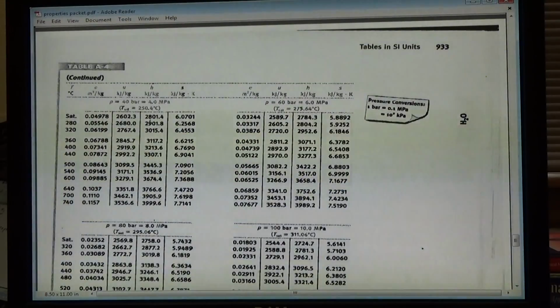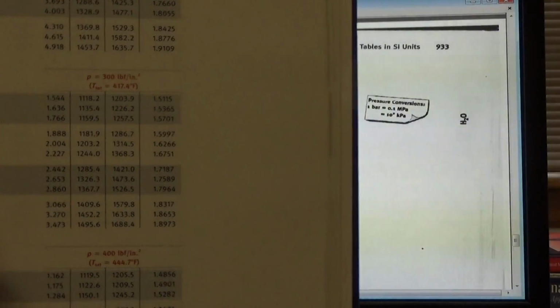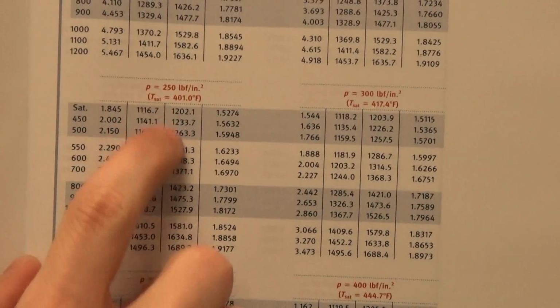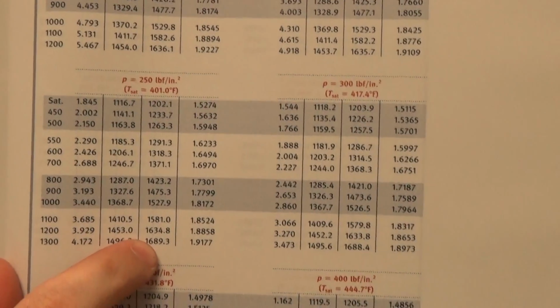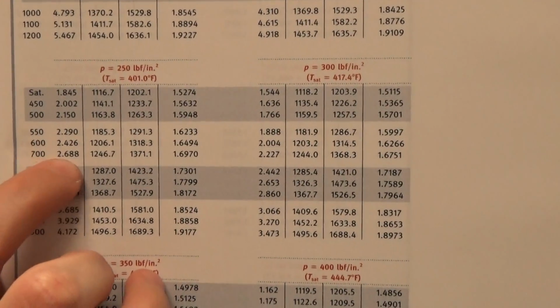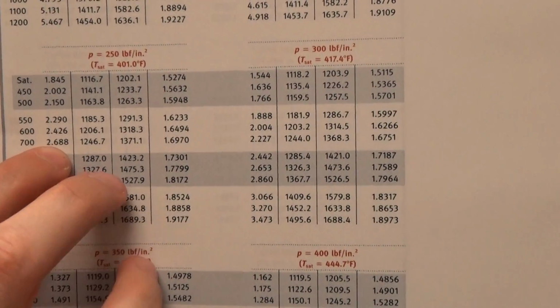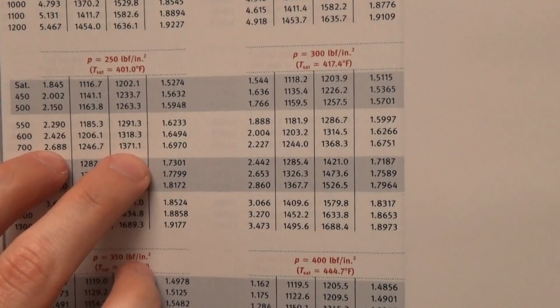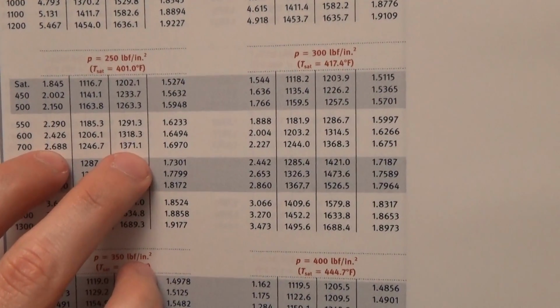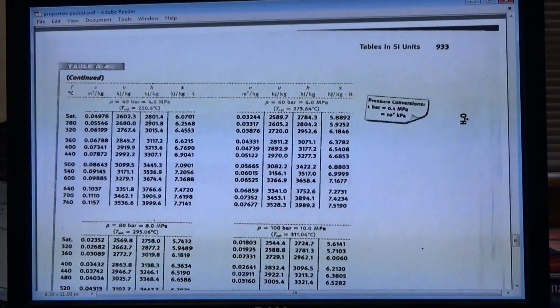Then I'm going to find the subtable where we see P is equal to 250 psi. So here's my subtable. Pressure is equal to 250 psi. And then I'm looking up at a temperature of 700. So my specific volume value is 2.688, and my specific enthalpy is 1371.1. So let me mark those two numbers down.